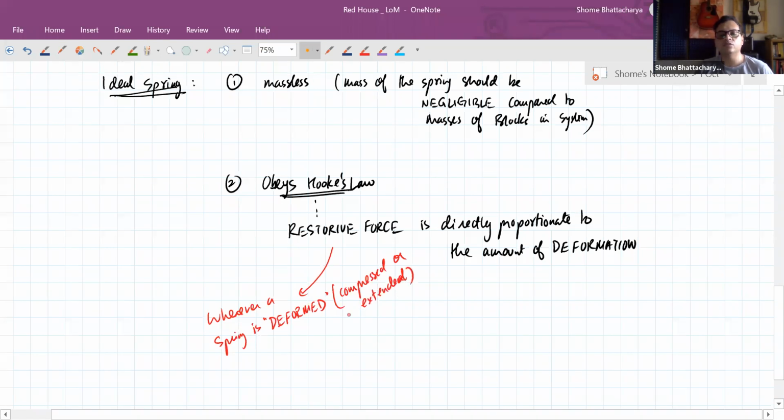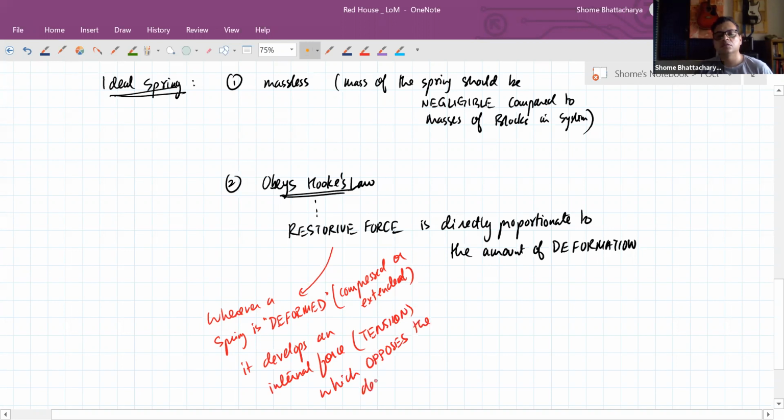either in a state of compression or in a state of extension, it develops an internal force, like a tension basically, which opposes the deformation.